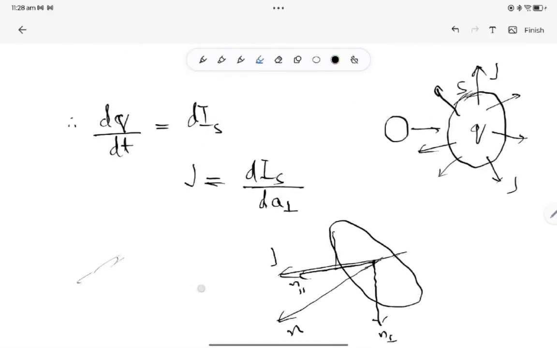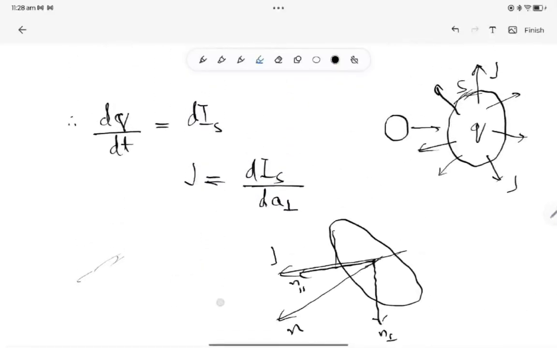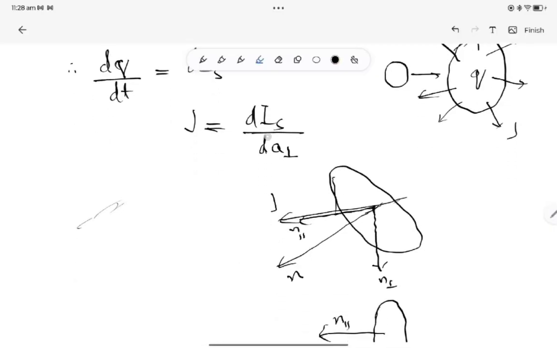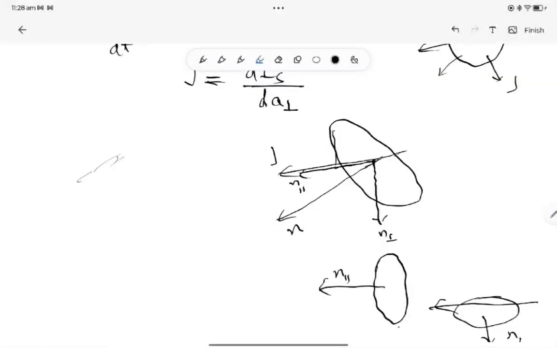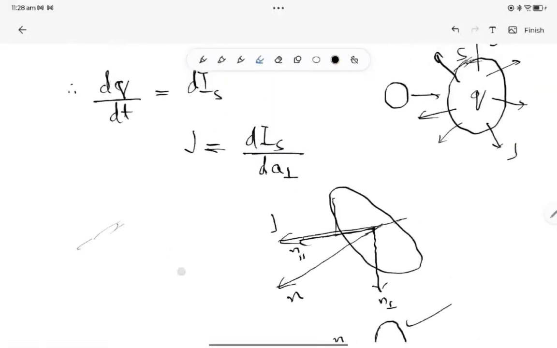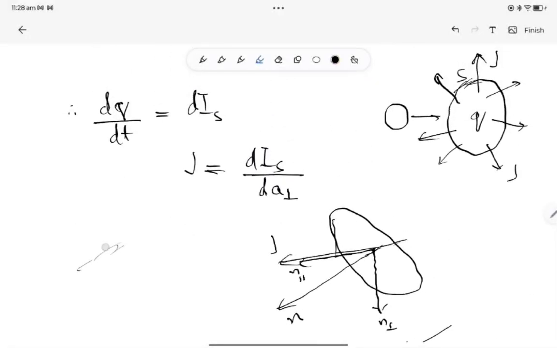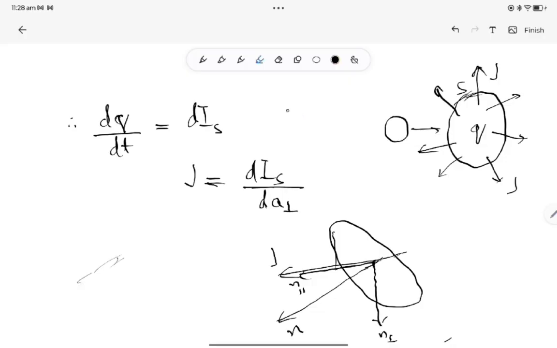When I write dq by dt, J is equal to that divided by this, I mean only this. This will contribute to the current density, not the whole area. So in the dot product, we have two choices. We can take the dot product as A B cos theta, that means the simple product of one vector with the component of another vector in the direction of the first.